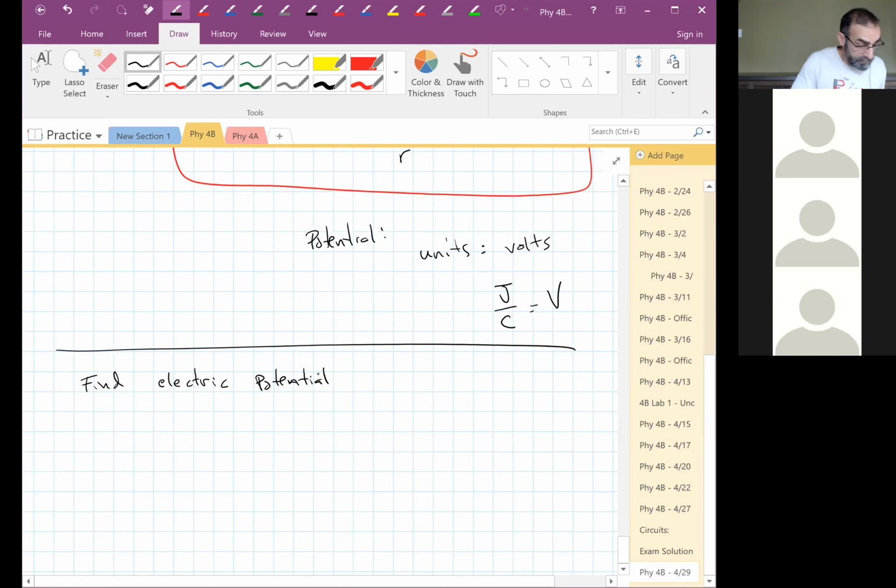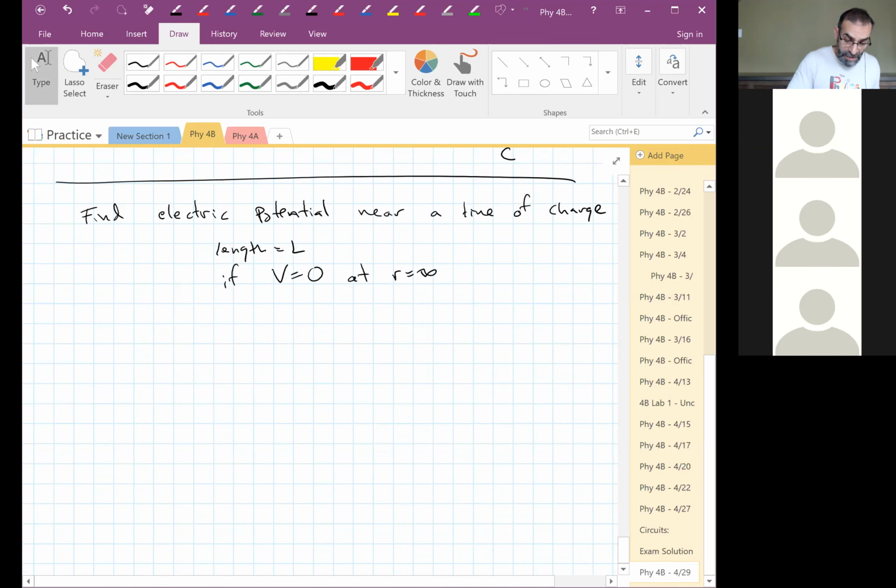Find electric potential near a line of charge. Length equals L. If V equals 0 at infinity. Okay, so because we're using our point charge technique, we've all agreed that V equals 0 at infinity for point charges, so we'll just start with that.